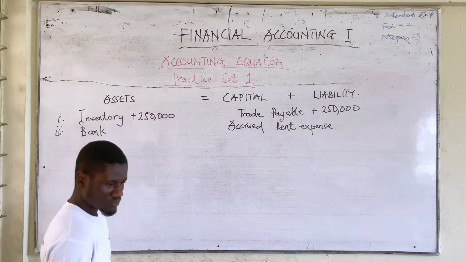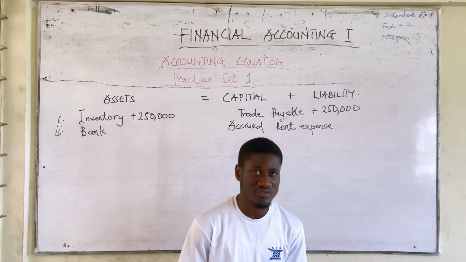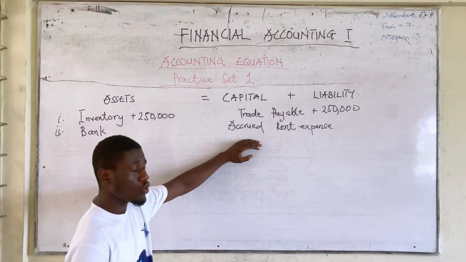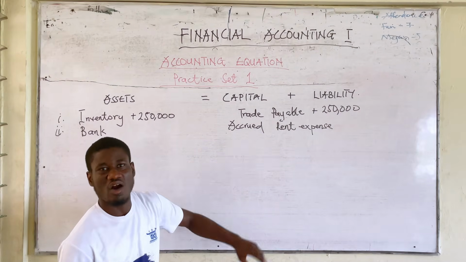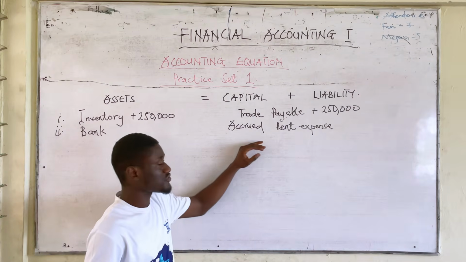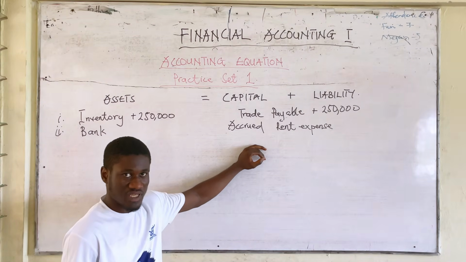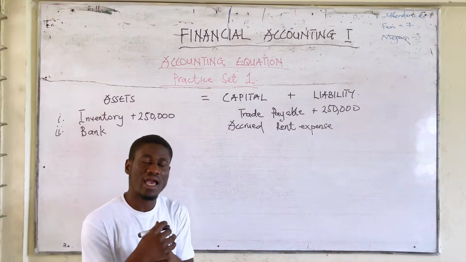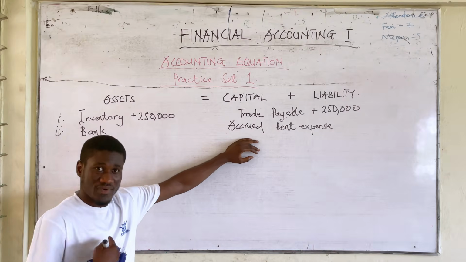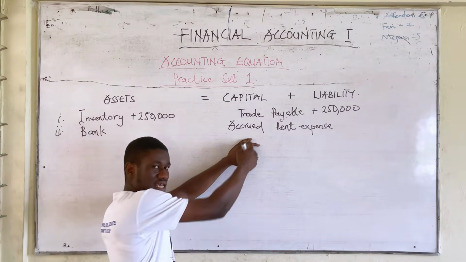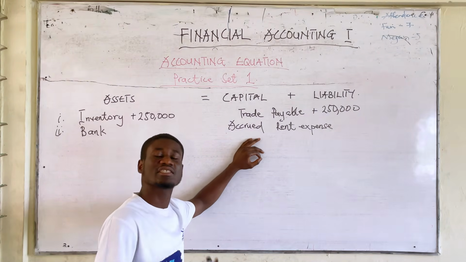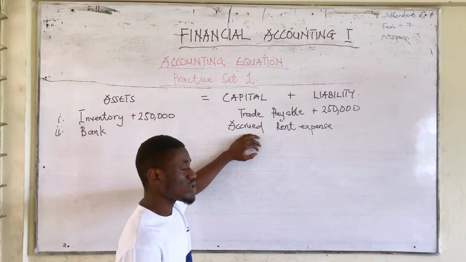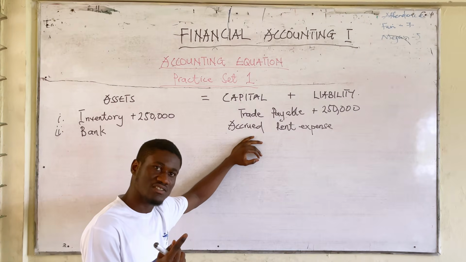Now, this paid rent expense for last month means we were owing rent, and now we've paid that rent, 250,000, by check. And we know that when there is a decrease in liability, because first of all we owed rent and now we paid rent for last month, that means we are owing rent and now we paid.